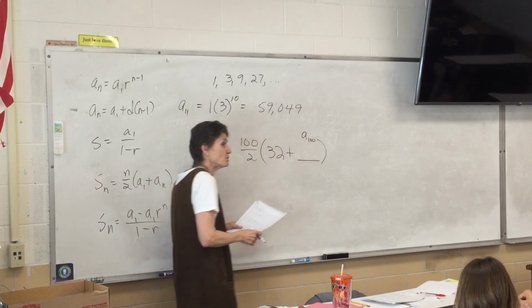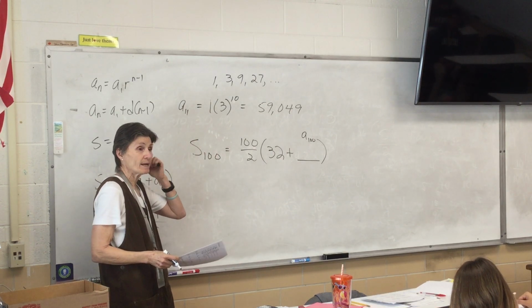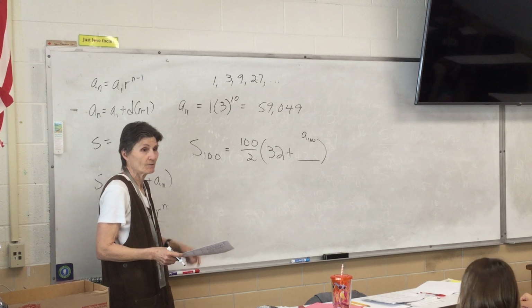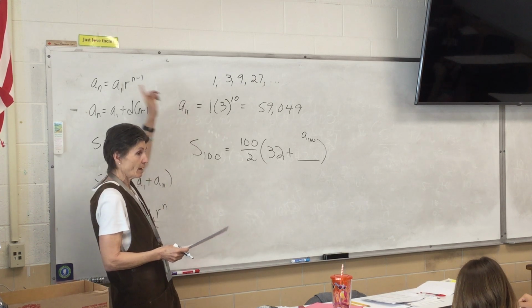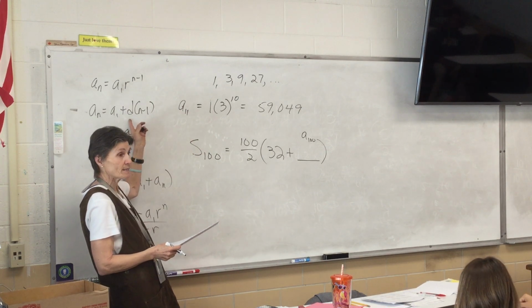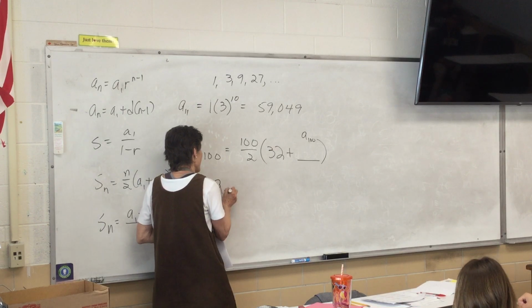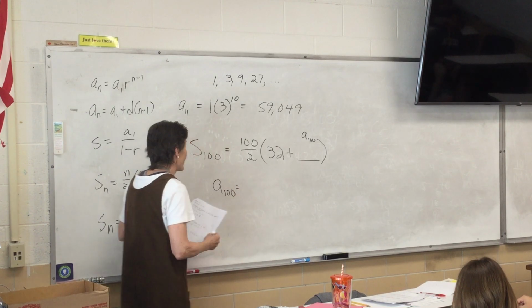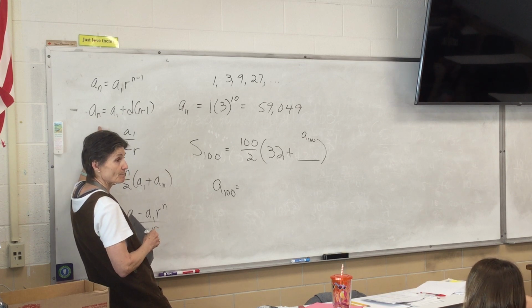So what do I do when I'm plugging into my formula and I discover I don't have all the information I need? I go back to my other arithmetic formula right here. And then over to the side or somewhere, I have to find the 100th term, A sub 100.